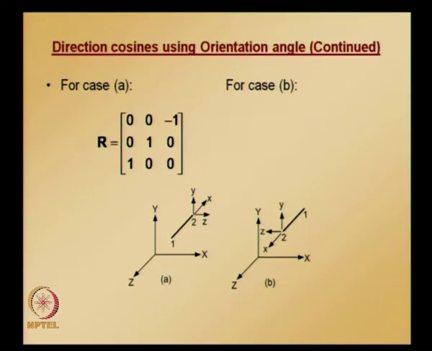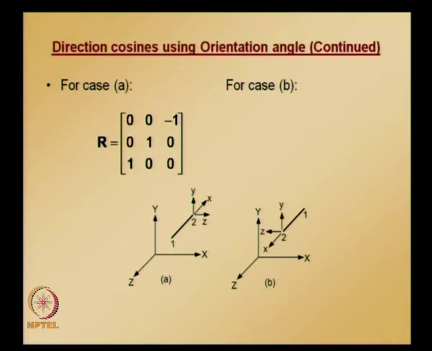Case A is shown in the figure. You can easily see by inspection the cosine of the angle between small x axis and capital X axis, between small x axis and capital Y axis, and similarly between small x axis and capital Z axis. So Lx, Mx, Nx, and similarly you can find Ly, My, Ny, Lz, Mz, Nz.